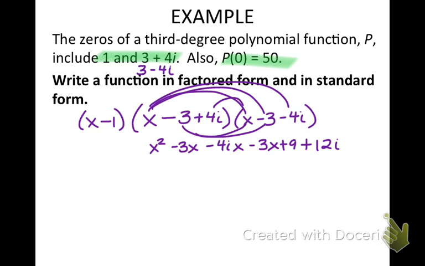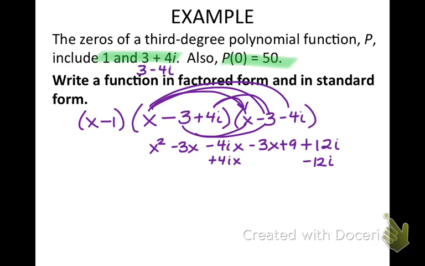Take that 4i. 4i times x is 4ix. I'm going to put it underneath that negative 4ix because they're going to cancel, which is great. Now take that 4i to the negative 3: minus 12i. I'm going to put that underneath the 12i because those are going to cancel out.